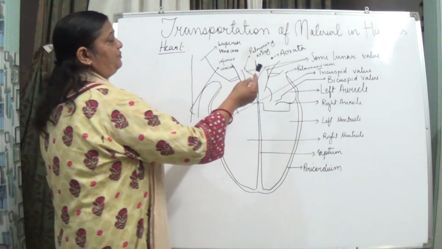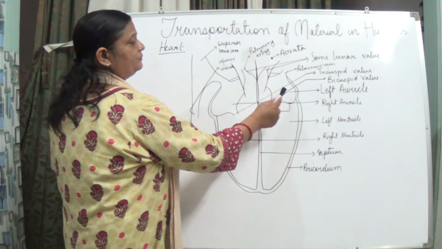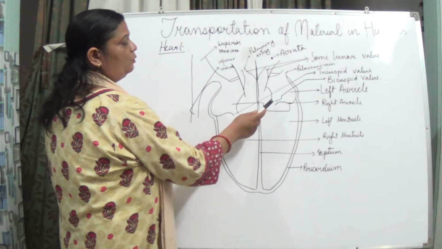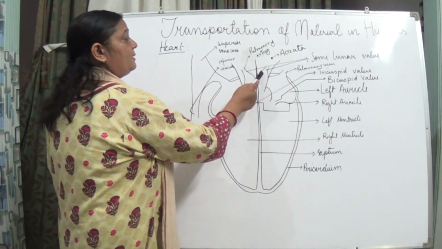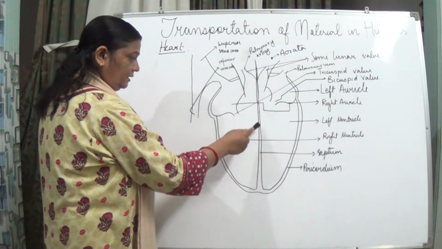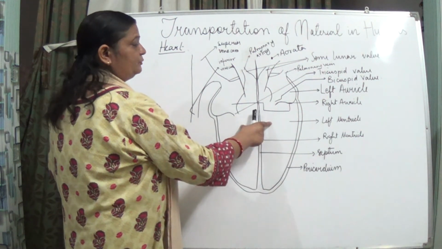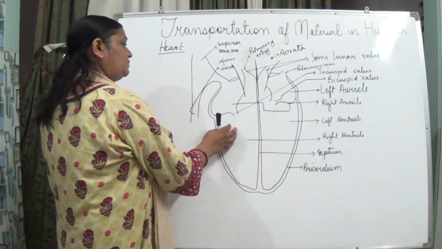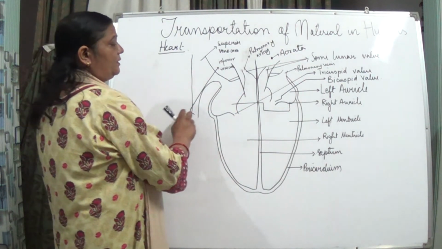Starting from here, left side: pulmonary vein, left auricle or left atrium, bicuspid valve, left ventricle, semilunar valve, aorta. And we can see here a septum, which is dividing the left ventricle and the right ventricle, as well as the left auricle and right auricle.